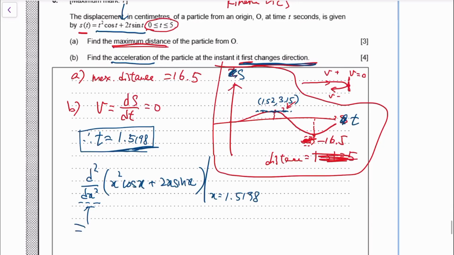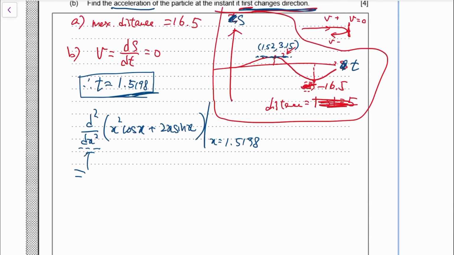You just type this in. Your GDC should do it. And if you type in the whole thing, you should get negative 8.92. Okay, so that's the acceleration.